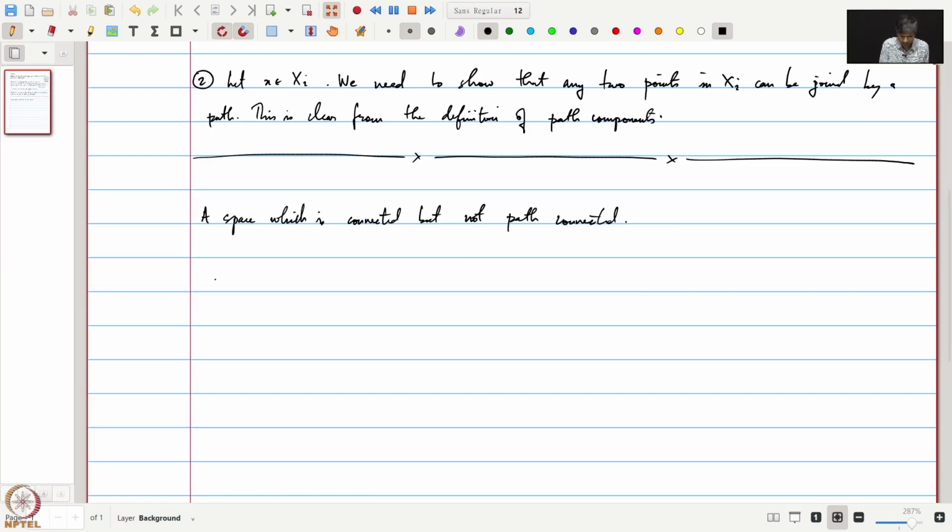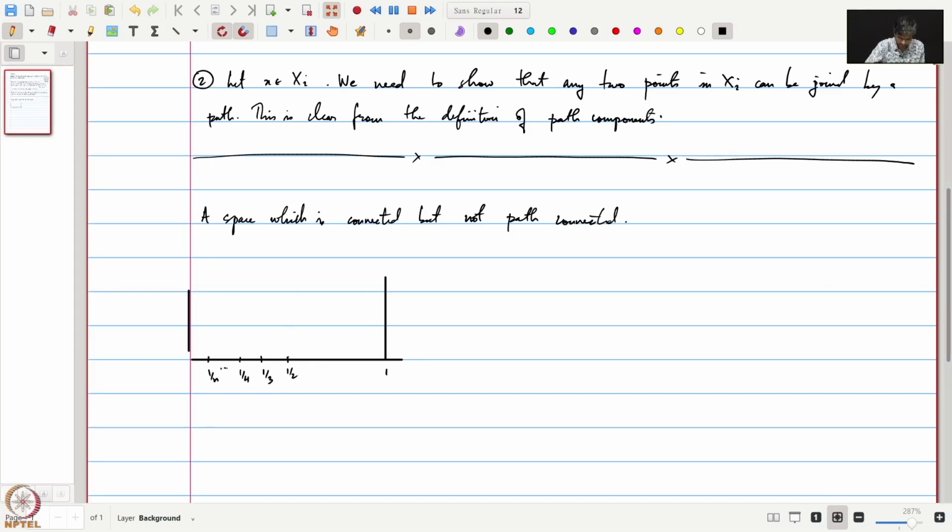Okay, so first consider this. So let's make a picture of this space. So this is 1, and let us take half, and this is 1 by 3, this is 1 by 4, and this is 1 by n.